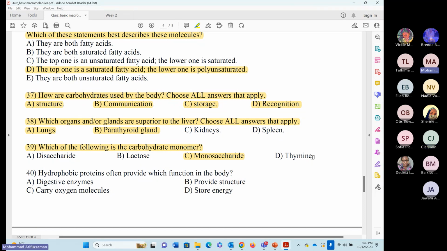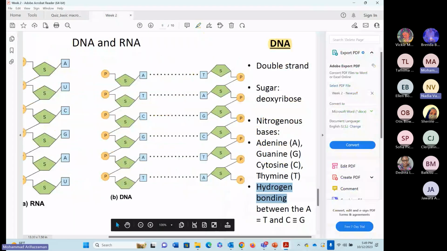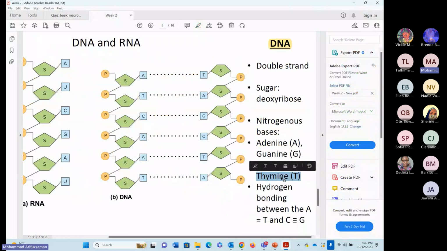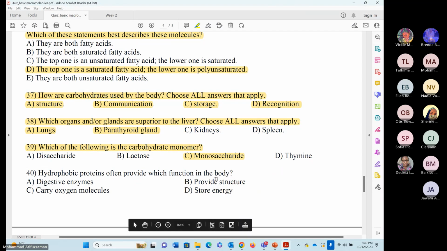It's a nitrogenous base present in DNA. You can see here, thymine is a nitrogenous base in the DNA. This is thymine. So this is a nitrogenous base in the DNA.